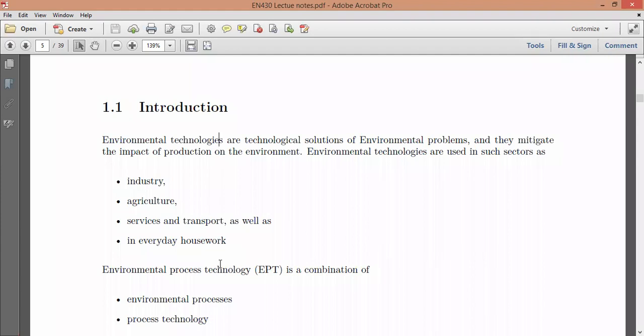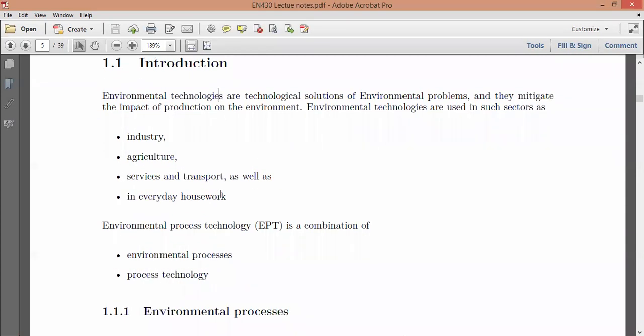So basically, environmental technologies are found just about anywhere.